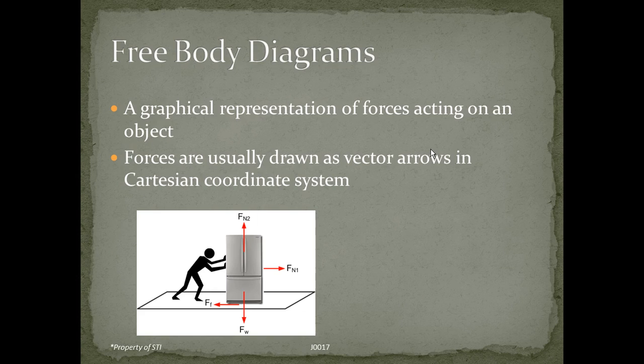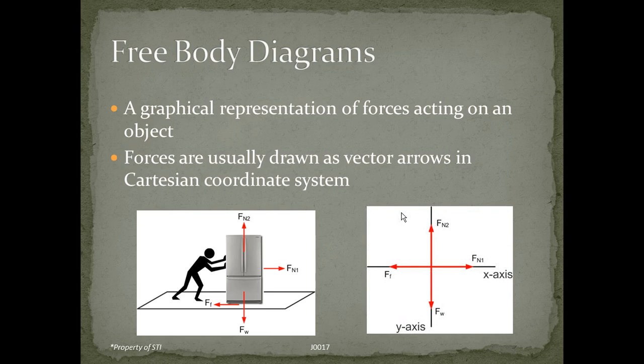Now, if you're going to draw a free body diagram, what you're going to do is simply draw all the forces that are acting on a single object. So as illustrated here, you have a person pushing against an object, such as a refrigerator, for example. The forces acting on our object would be the following. Of course, we have the weight of the object, which is acting downwards.